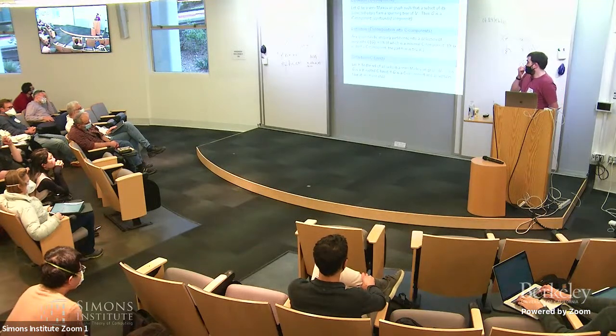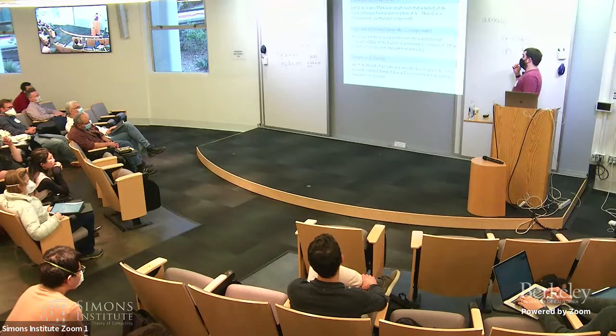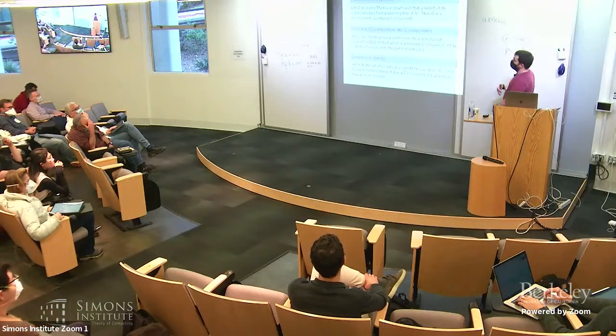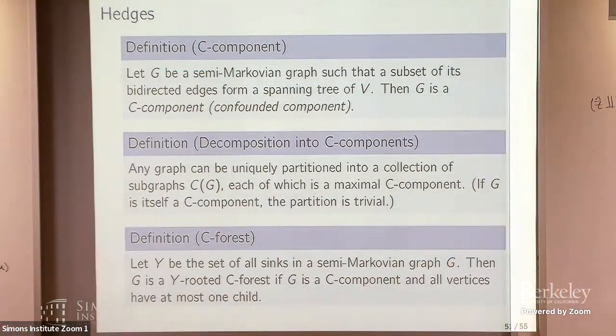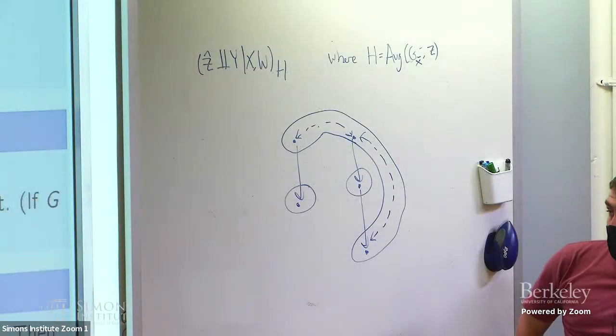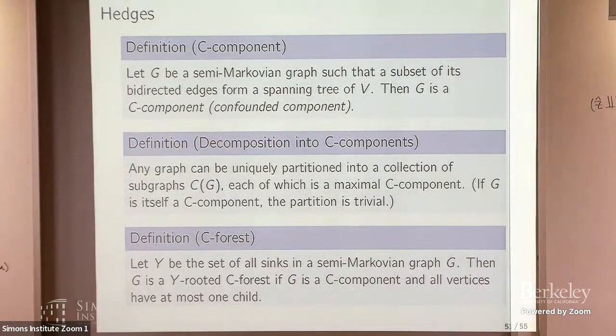Yeah, so this algorithm is going to use a decomposition of your graph into C-components, a decomposition where each component has a spanning tree of just bidirected edges. And the counterexample object is going to involve a C-forest, which is an even more elaborate thing.